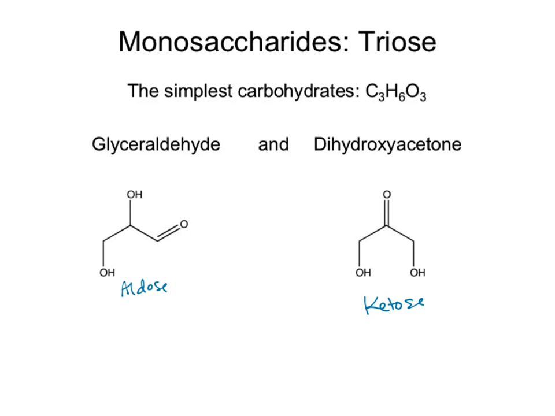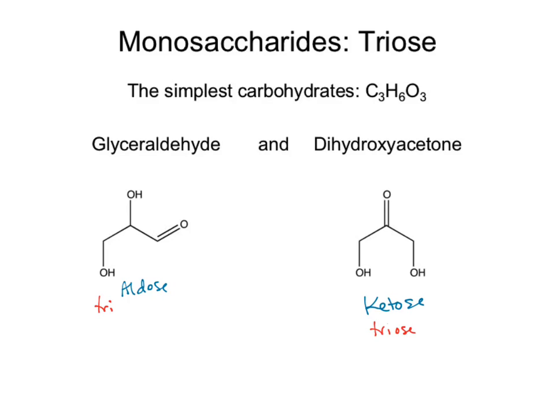But this had 3 carbons, so I want to add an extra bit of information here, and instead of saying it's a 3-carbon aldose or a 3-carbon ketose, I want to condense that in, and I want to use a Greek prefix, and I can call this a triose in both cases. Okay. And I think we'd go keto triose or aldo triose. Okay. So you're just stringing in those prefixes to add more information about which carbohydrate you're looking at. So in this case, we're looking at our trioses.